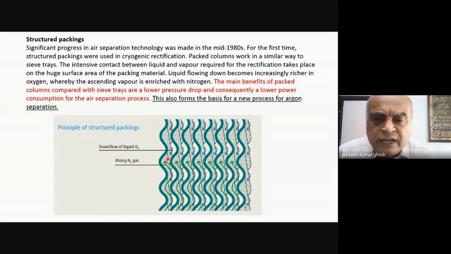So this is the kind of column which was introduced, you can see, in the mid-80s. And it is these kinds of things which are the basis of, for example, recovery of argon. Otherwise, it would have been very difficult to separate out argon from oxygen. But it is these packings which do the job.